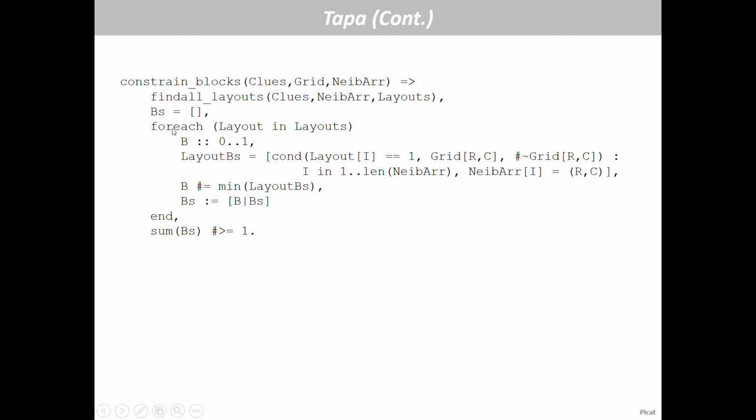It uses a Boolean variable for each layout, meaning this layout is a real one, and then it uses this constraint: one of these layouts is a real one. Of course, if there are no duplicates in the layouts, then you can change this greater than or equal to equal, meaning exactly one of the layouts is a real one.